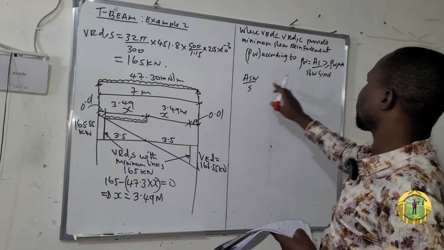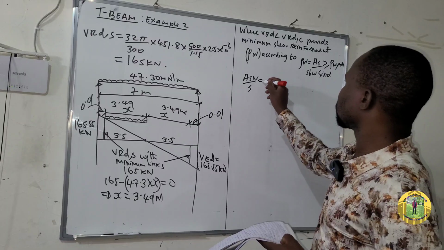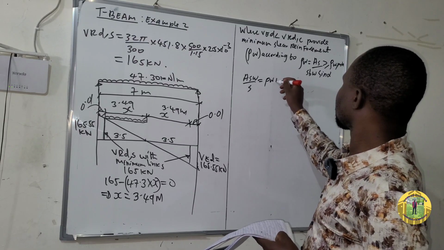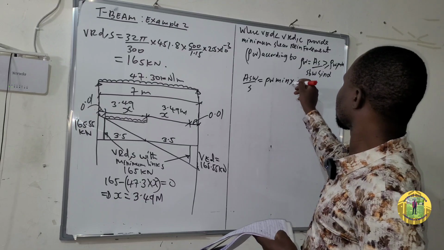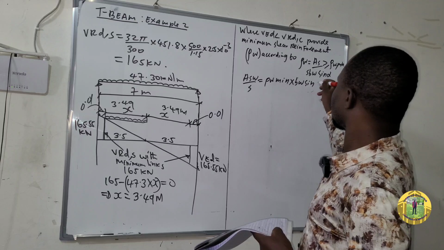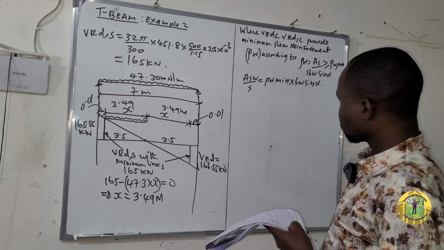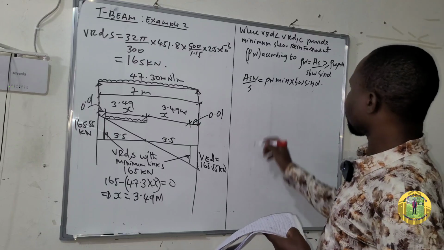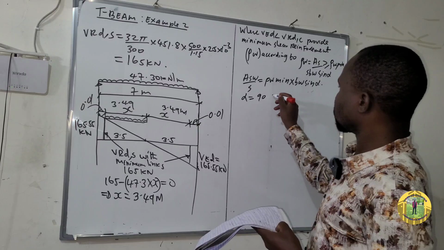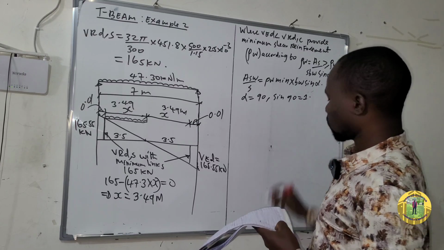Then make ASW over S the subject of the formula. So alpha is equal to 90. So sine 90 is equal to 1.